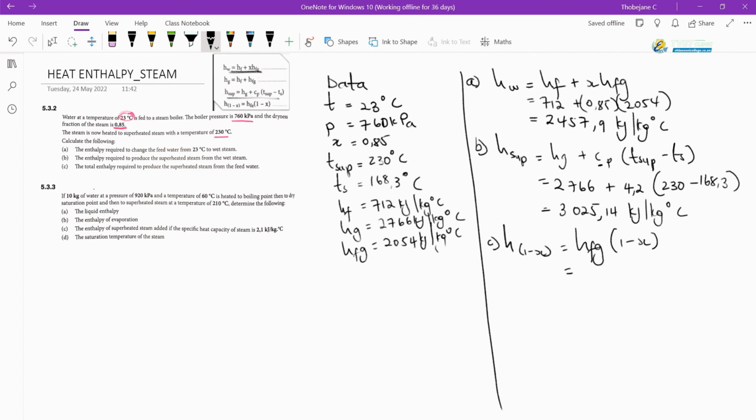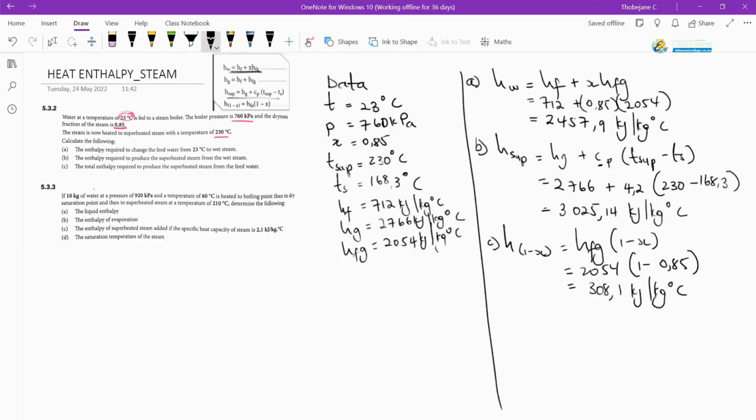HFG in our case is 2054 into 1 minus 0.85. We are drying that wet vapor there, and that enthalpy is 308.1 kilojoules per kg degrees Celsius.